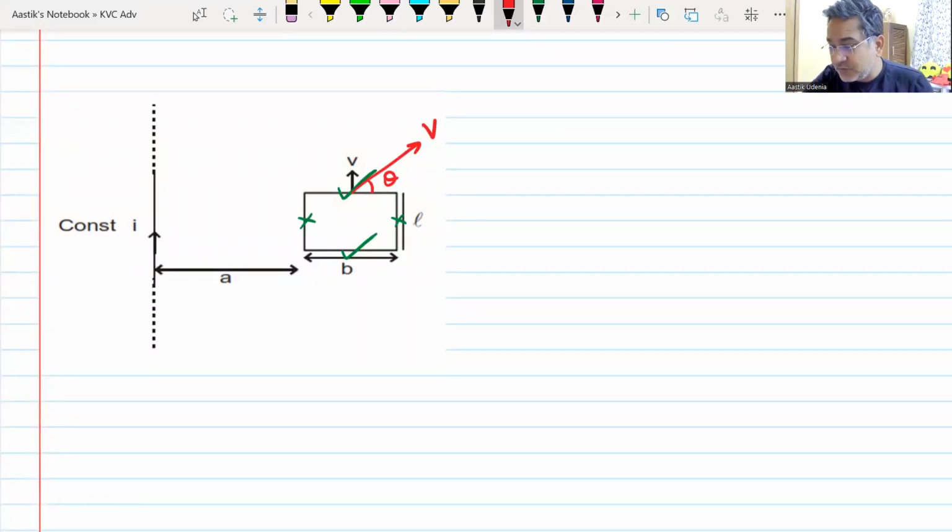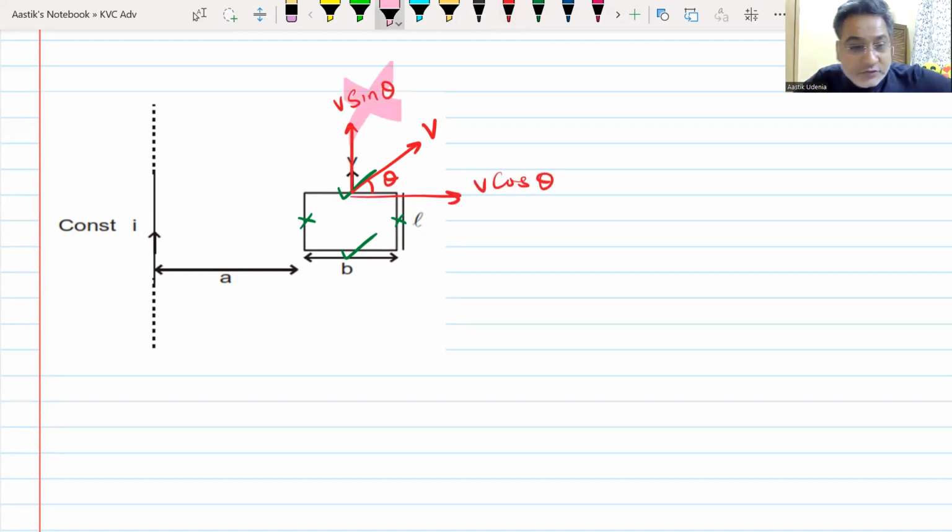Well done. I hope you understand that you just have to break it up into two components. One component would be like this, that will be v sine theta, and one component will be like this, v cos theta. Because of this component v sine theta, the induced EMF would be 0.